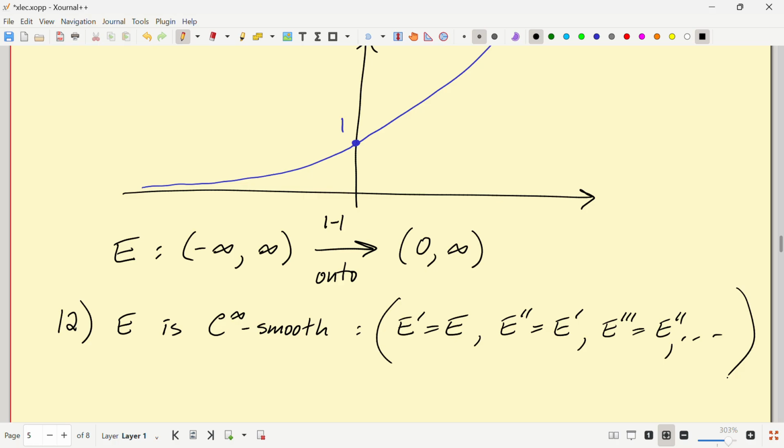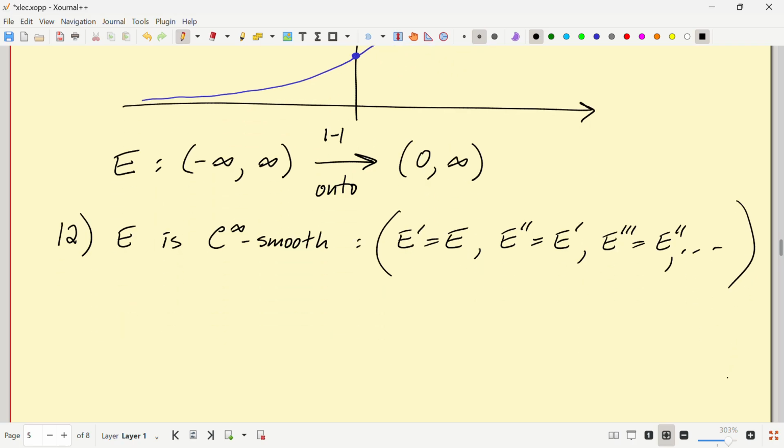Remember the inverse function theorem. So the inverse function theorem now tells us yields L, think log, natural log, L equals e inverse.